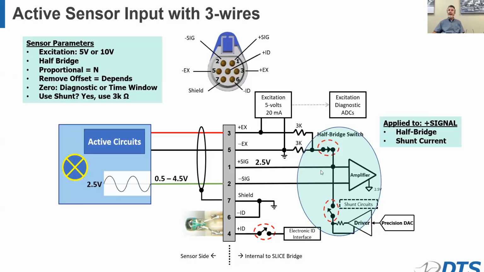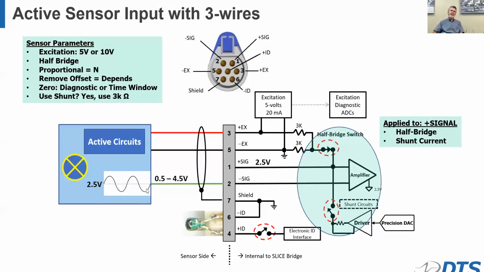Now, why do we do that? There's a little bit of a legacy reason there, in that many sensors over the decades have actually worked this way. And it doesn't really matter because the amplifier simply multiplies the differential. It's important to note, though, that in our systems, when you turn on half bridge, it goes to the plus signal, which means you do not connect the plus signal with a 3-wire active sensor. Also, the shunt circuit, which takes a precision voltage and converts it to a current, goes into that same plus signal lead.